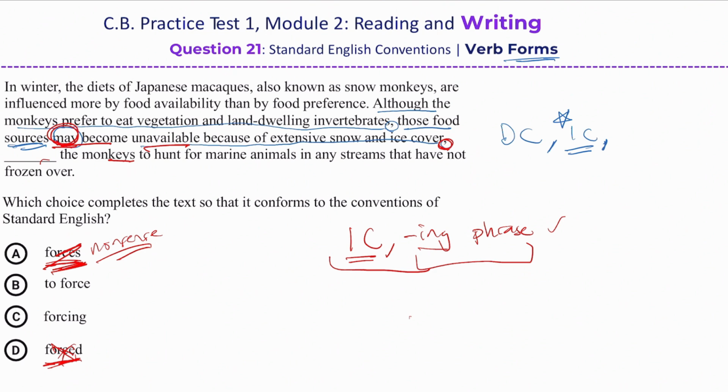So for example, if I said the bomb exploded in the city, that's my independent clause, right? And I put a comma, and then I say destroying everything in a 5-mile radius. This destroying everything in a 5-mile radius is that modifying phrase that tells you about what happened immediately after the bomb exploded.